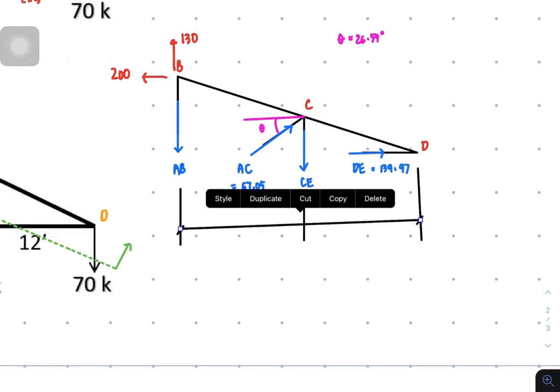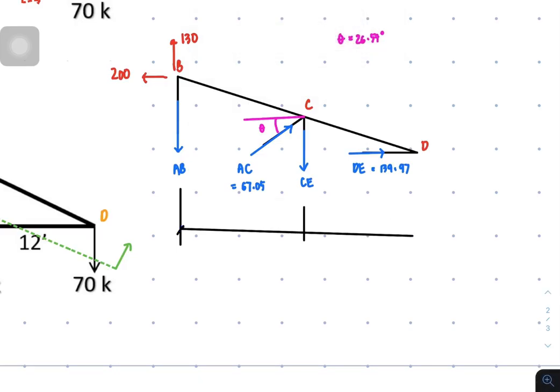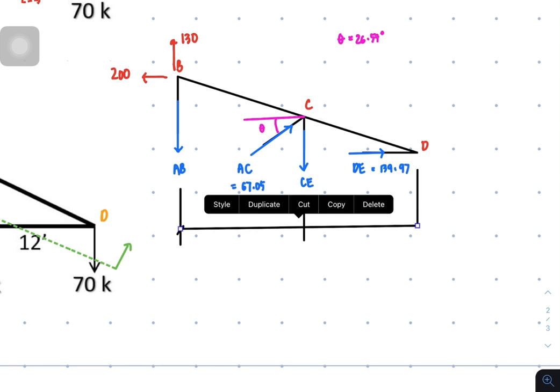Okay, what happened to my illustration? So let's just delete this first, and then just make a vertical line, and then correct this. Okay, and then this one.